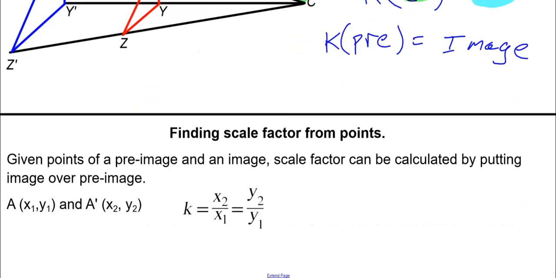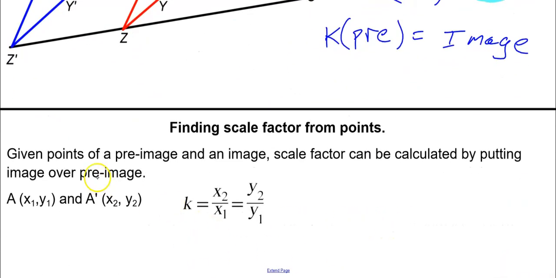Okay? Well, what if I just give you points? Given our points and I want to find K, I can do corresponding X's or corresponding Y's. So if we put some colors up here, there's my pre-image, image.